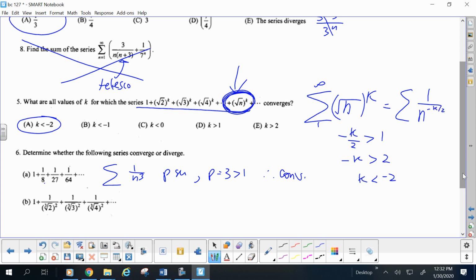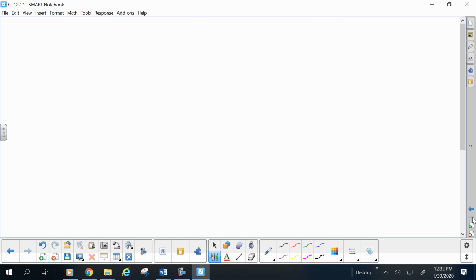Remember, that's what good work should look like. What about this one? What's the series in normal summation notation? N to the 2/3. P-series? Yes. P equals 2/3, which is less than 1, so we conclude divergence. Got it?